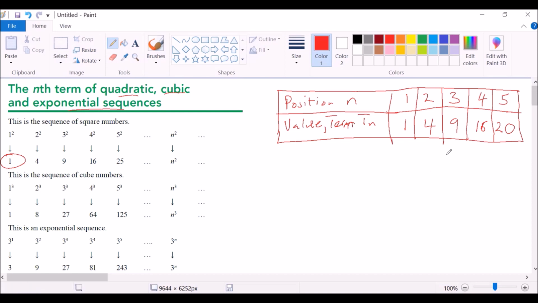Now, in this sequence, there is no term-to-term relationship because there is no one value you can add from this term to that term and also from this term to that term.